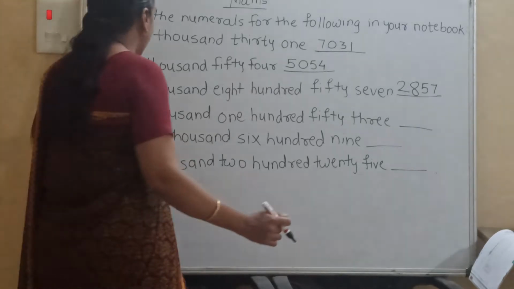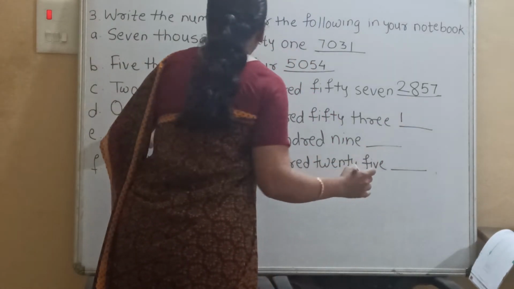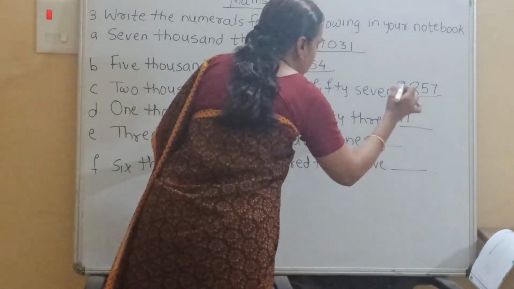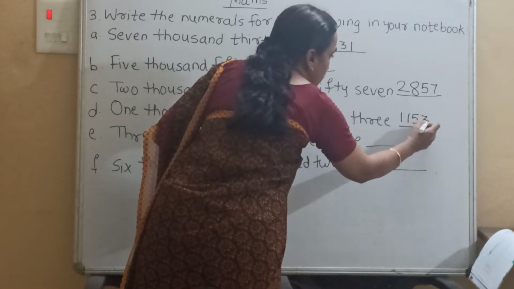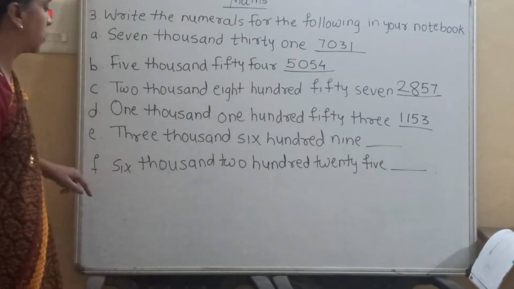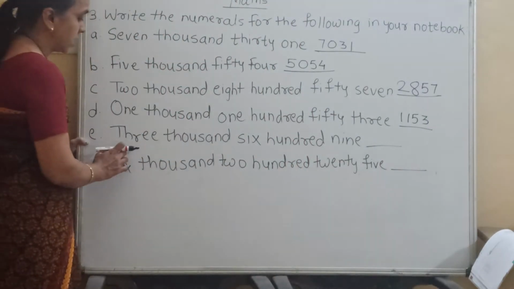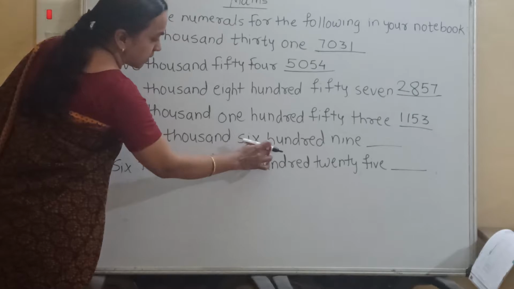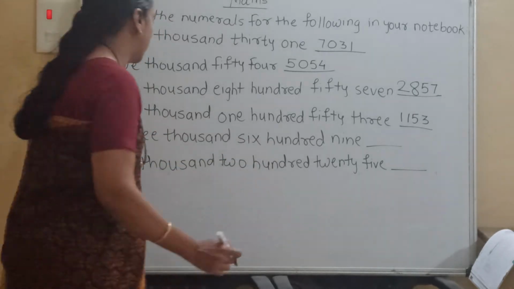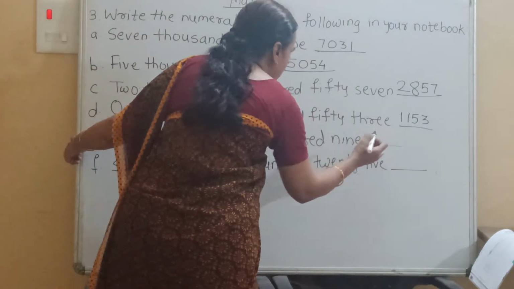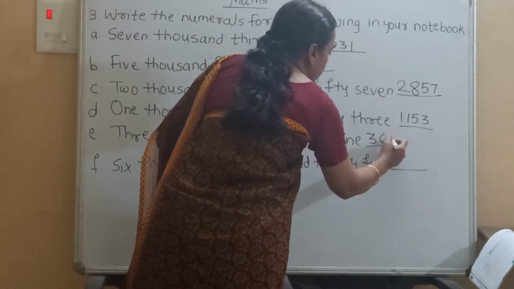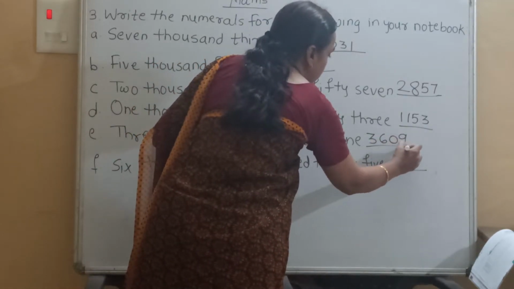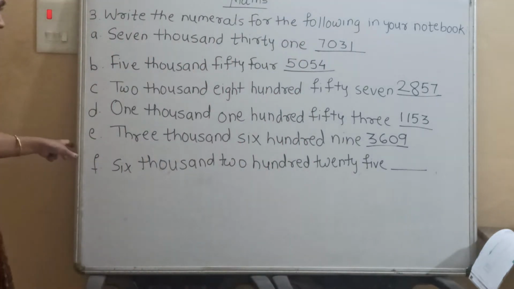Start writing. 1153. We will write like this. Okay. Now see E question. 3609. Start with 3609. 609 means we have to write like this. Then see F question.